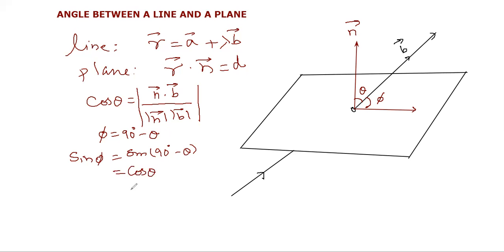Therefore sine phi is also equal to n dot b upon magnitude of n into magnitude of b. Okay.